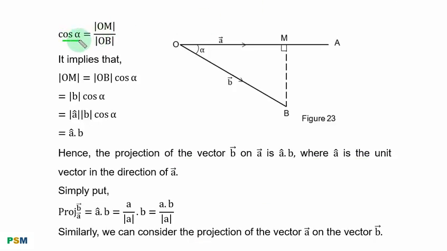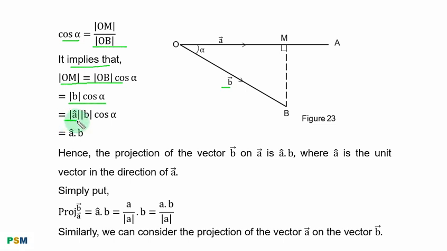Cos alpha is equal to adjacent OM over hypotenuse OB. It implies that OM is equal to OB cos alpha. OB is vector B, so you replace OB with vector B. Now we have the unit vector.